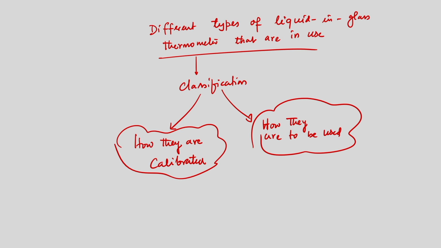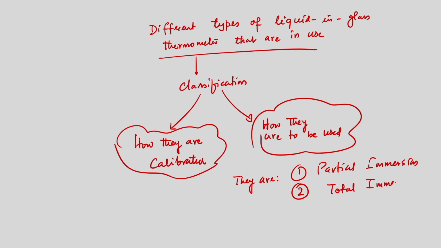Now, what are the different types? Number 1, partial immersion type; number 2, total immersion type; number 3, complete immersion type.